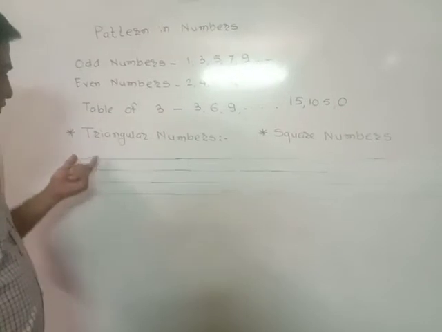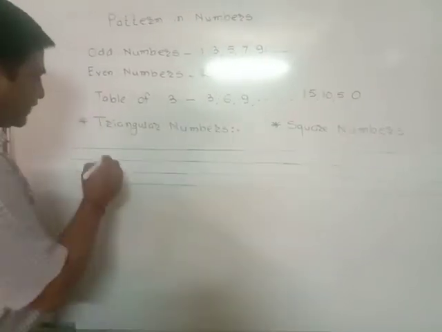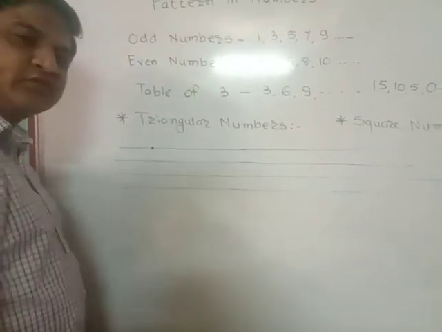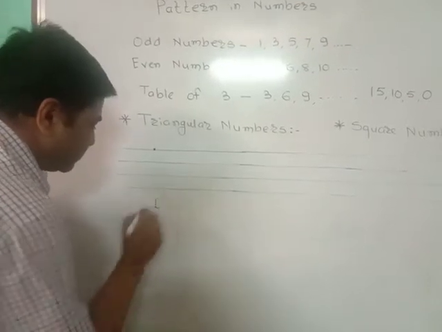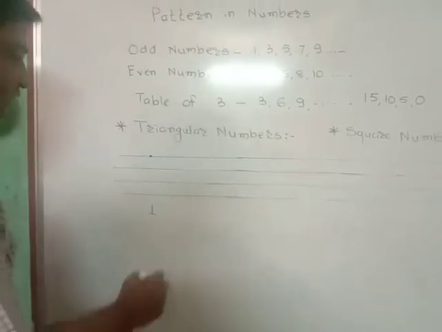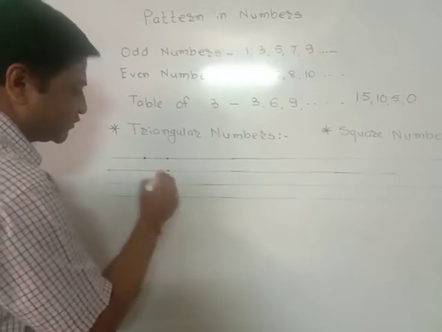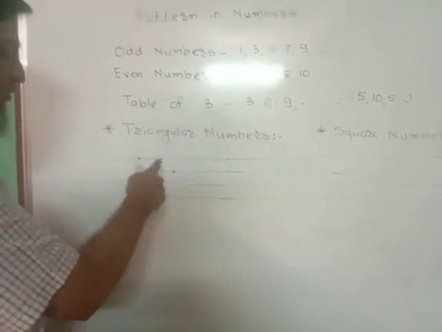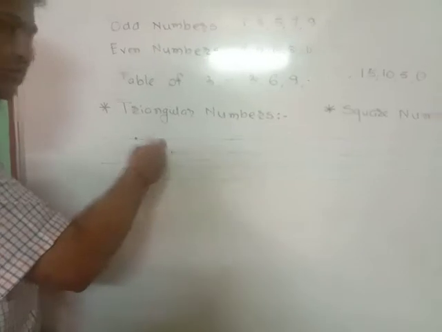Now take an example of your ruled page. If I put one dot on the first row, then my first number is 1. Then if I put one dot on the first row, 2 dots on the second, so the number of rows is equal to the number of dots, or the number of dots is equal to the number of rows.